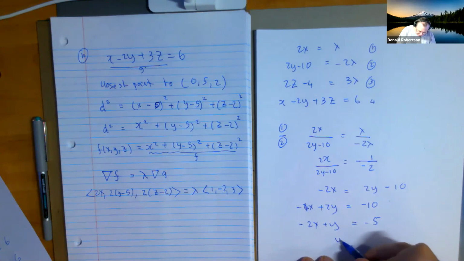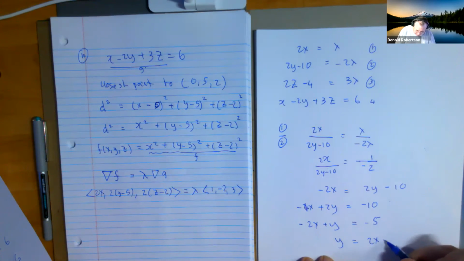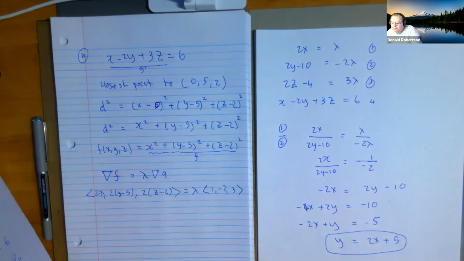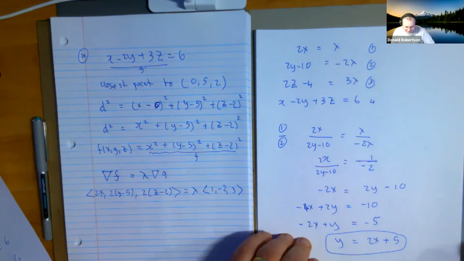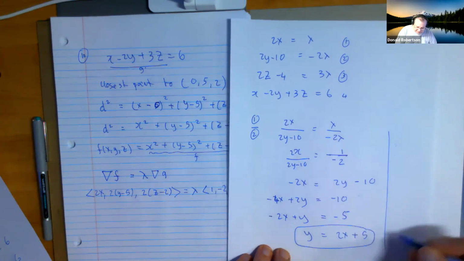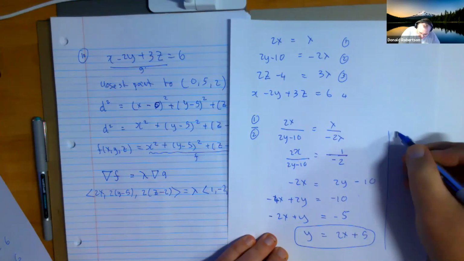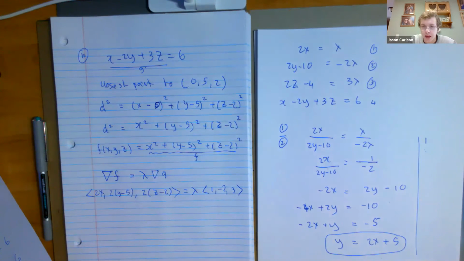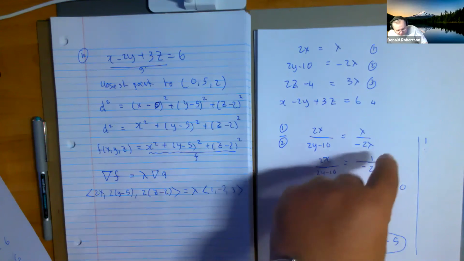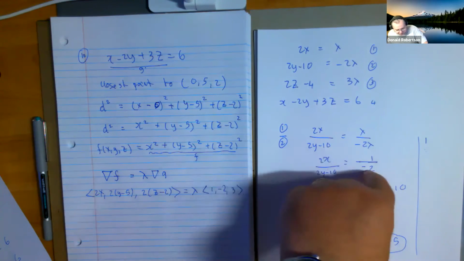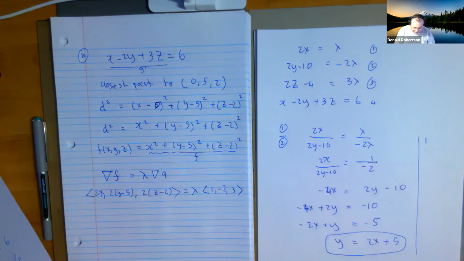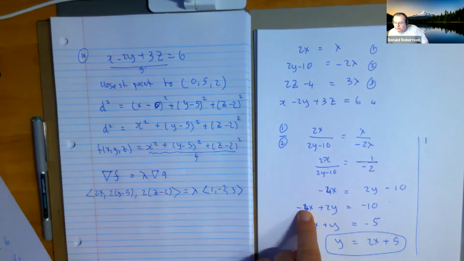And if you rearrange that, won't y be 2x plus 5? Wouldn't that be -4x equals 2y minus 10 if you cross multiply? Yes, and I fix it here.